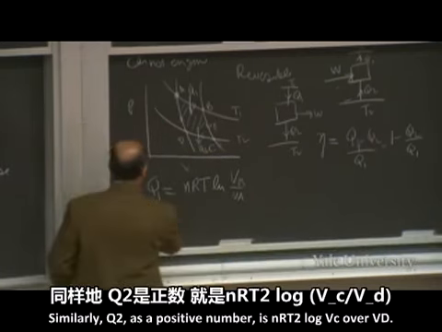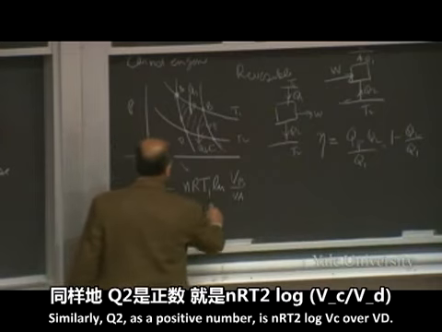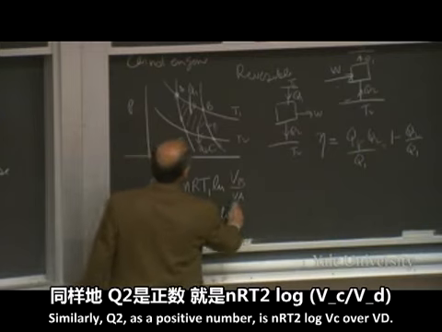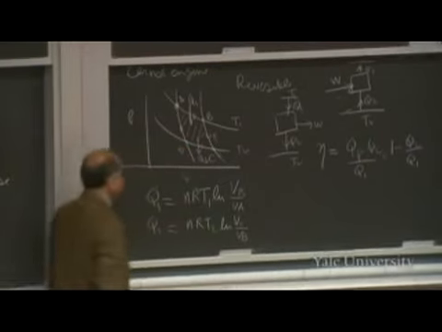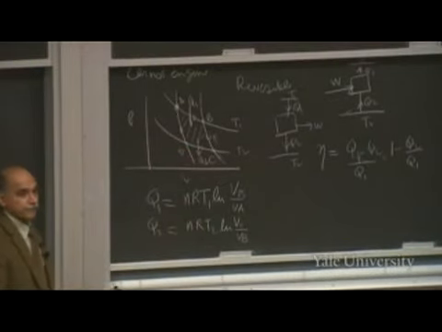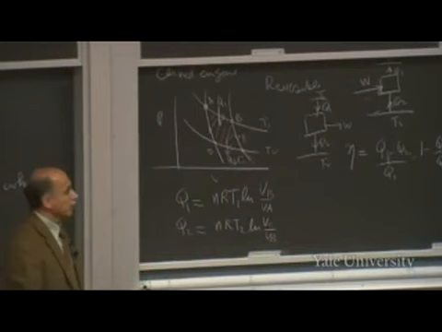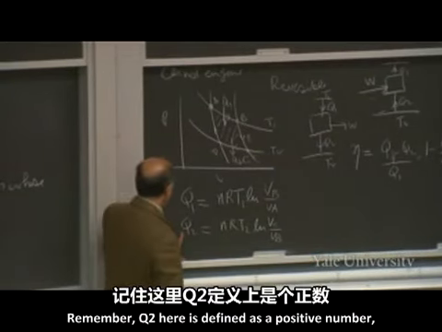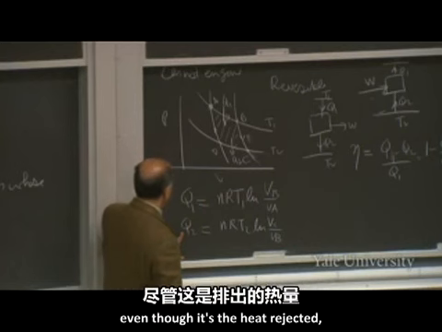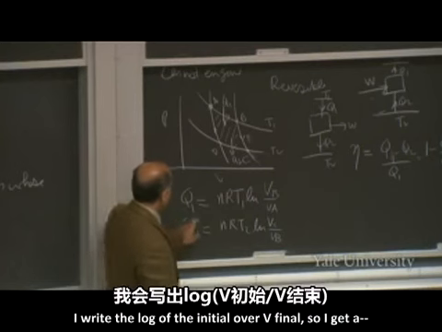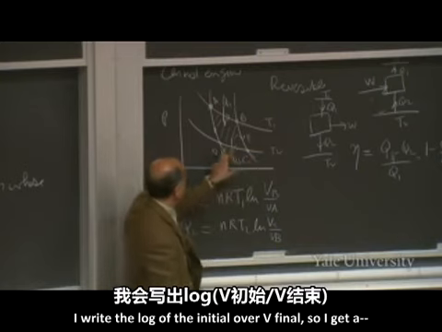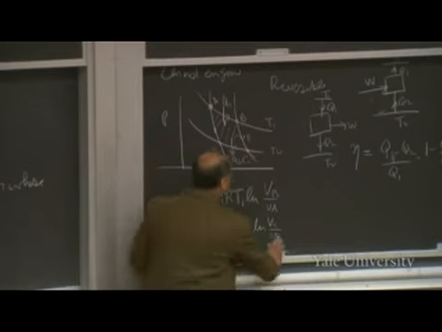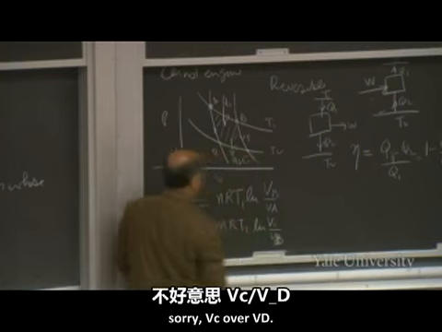Similarly, Q2, as a positive number, is nRT2 log VC over VD. Remember, Q2 here is defined as a positive number, even though it's the heat rejected. So if I want to get a positive number, I write the log of V initial over V final. So I get VC over VD.